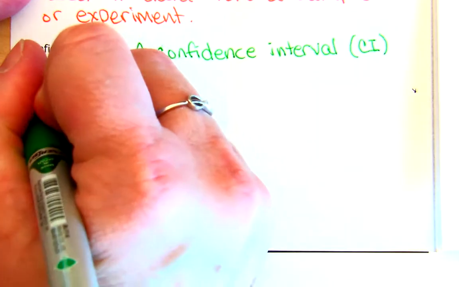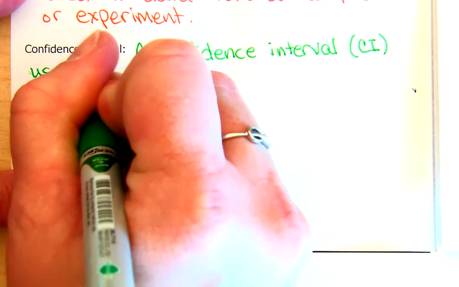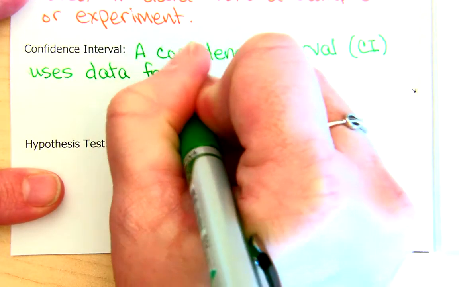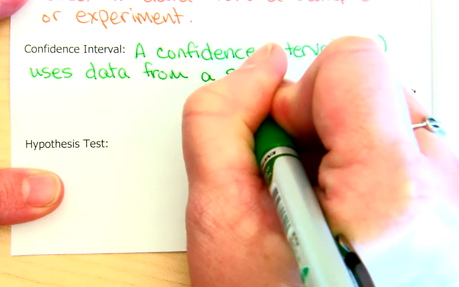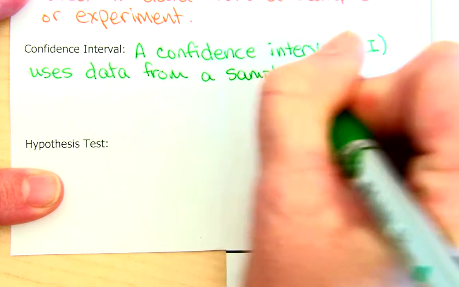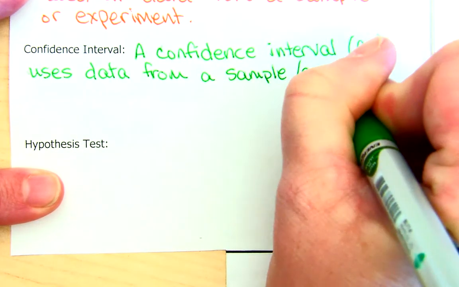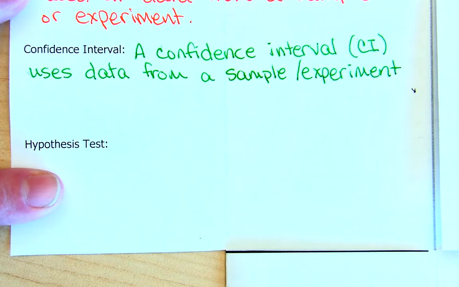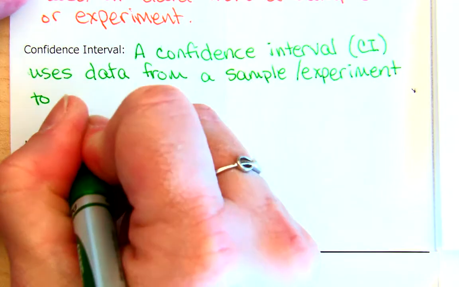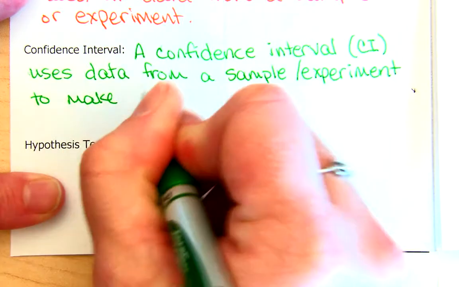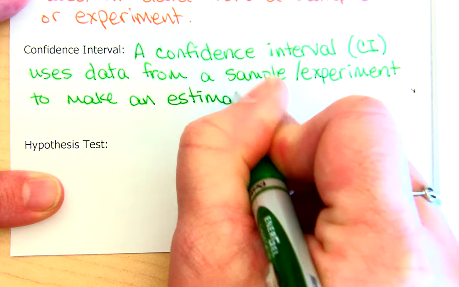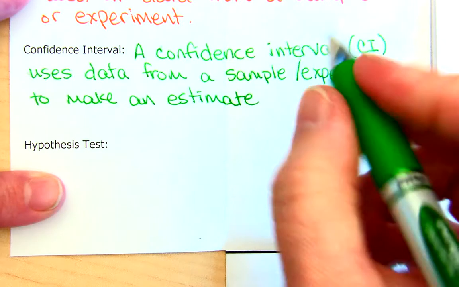It uses data from a sample or experiment to make an estimate about a population parameter.